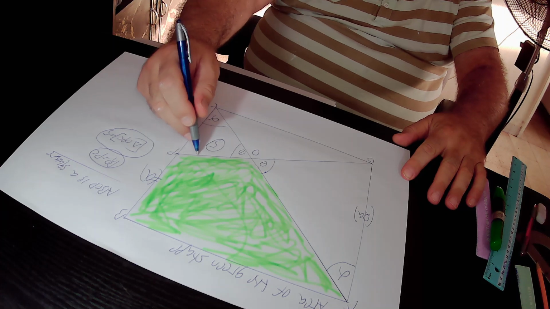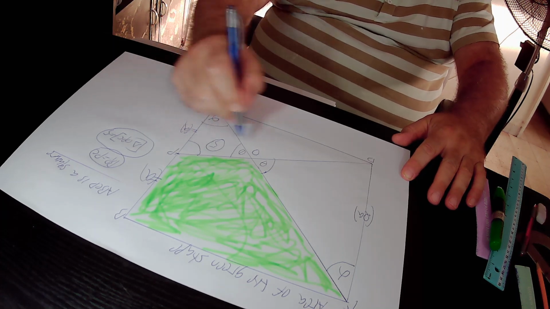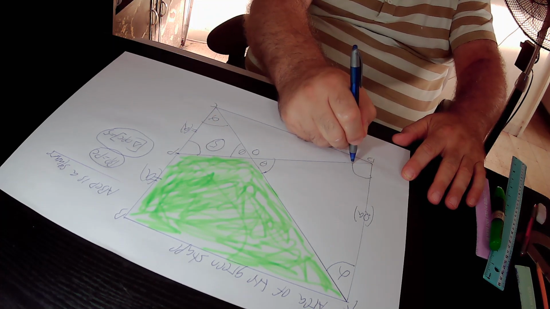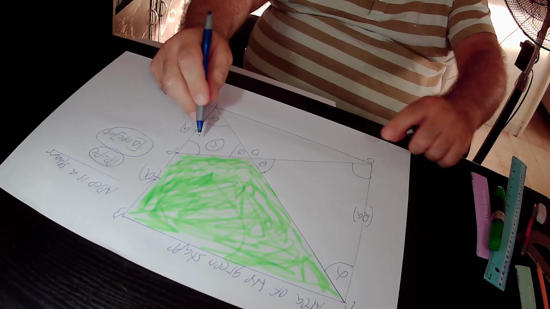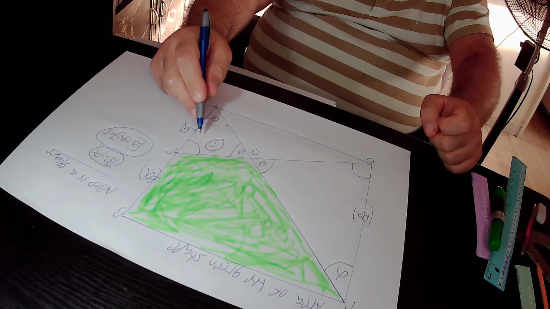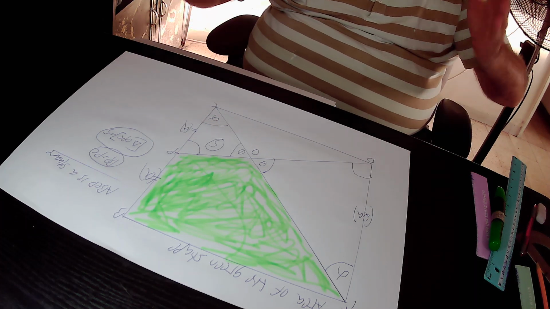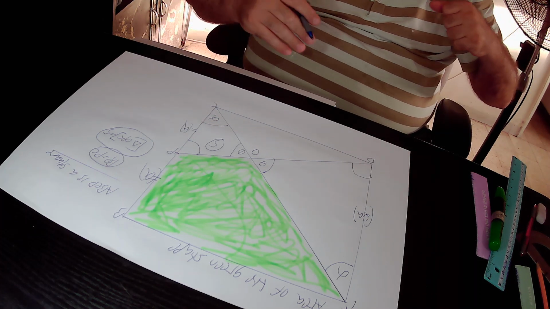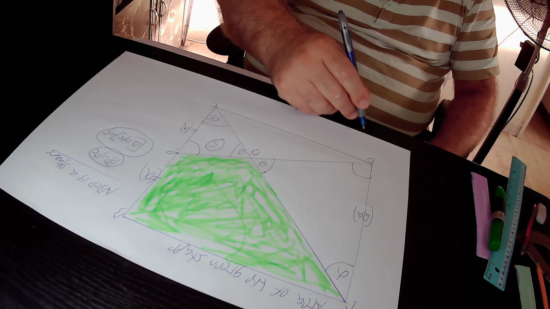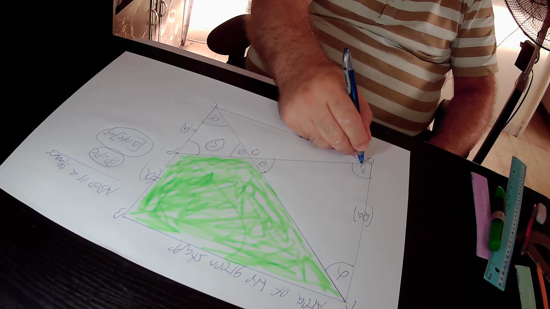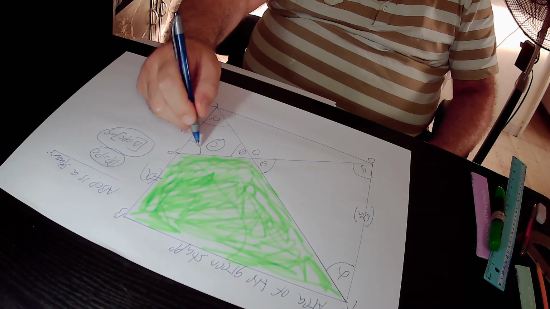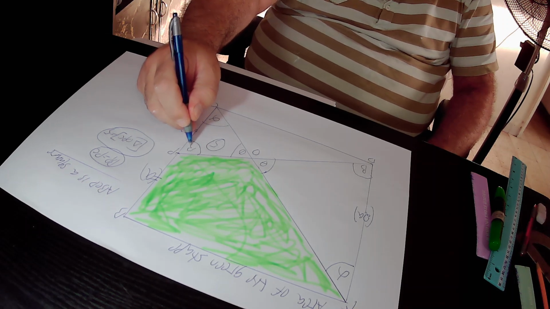Likewise, those two angles are also alternating angles located between the same parallel lines AD and BC, and therefore they are equal to each other according to Rule 15. So if we define the size of this angle as beta, then the size of this angle must also be equal to beta.